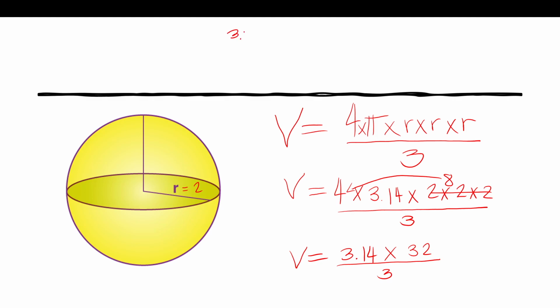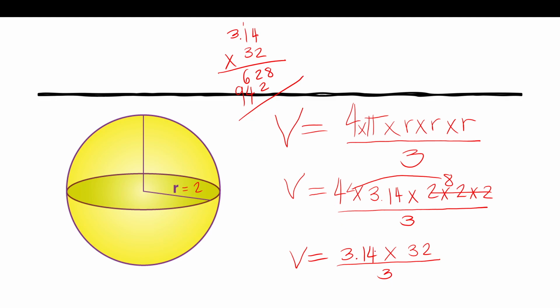So, 3.14 times 32. So, 2 times 4 is 8. 2 times 1 is 2. 2 times 3 is 6. 3 times 4 is 12. 3 times 1 is 3, plus 1 is 4. 3 times 9.